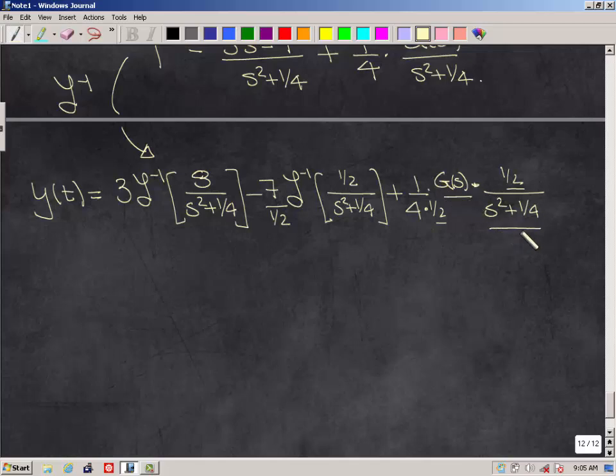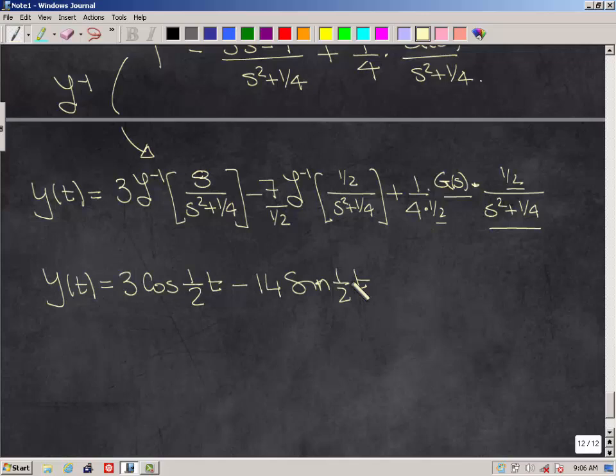Okay, so we get y of t is equal to 3 cosine of 1/4 t. Okay, oops, not 1/4, it'll be 1/2 since b squared is 1/4. Okay, it'll be cosine of 1/2 t minus this 2 will flip and go to the top, so I'll get 14 sine of 1/2 t.